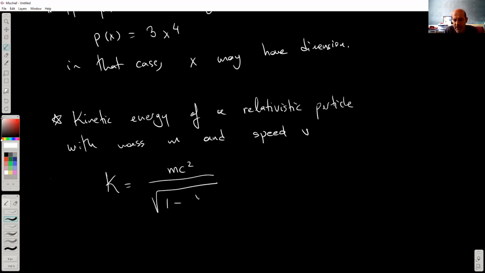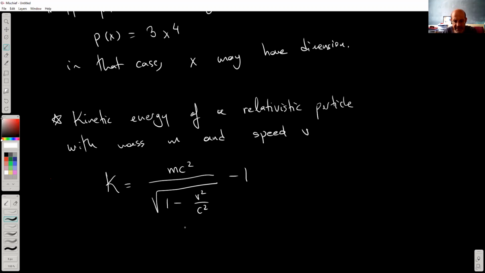It's kind of a complicated formula, but I think when you take the special theory of relativity in physics 202, you're going to see this formula. It's the kinetic energy expression, but for a relativistic particle.